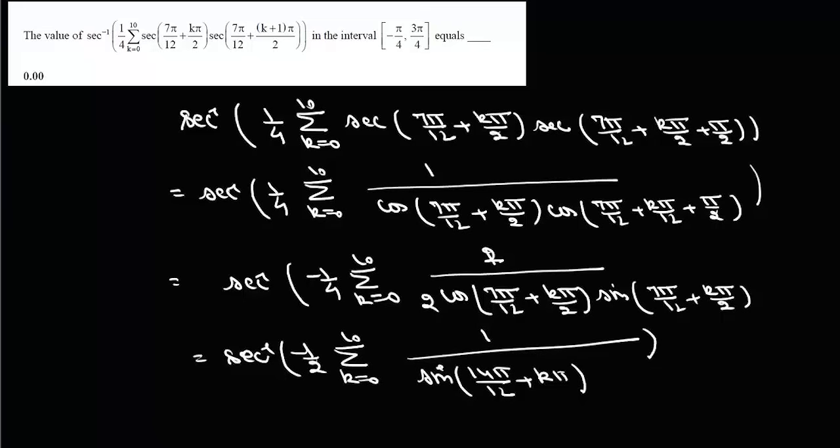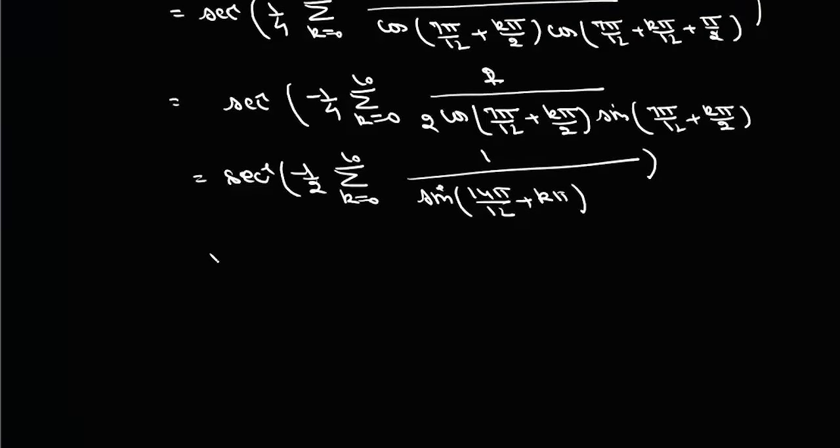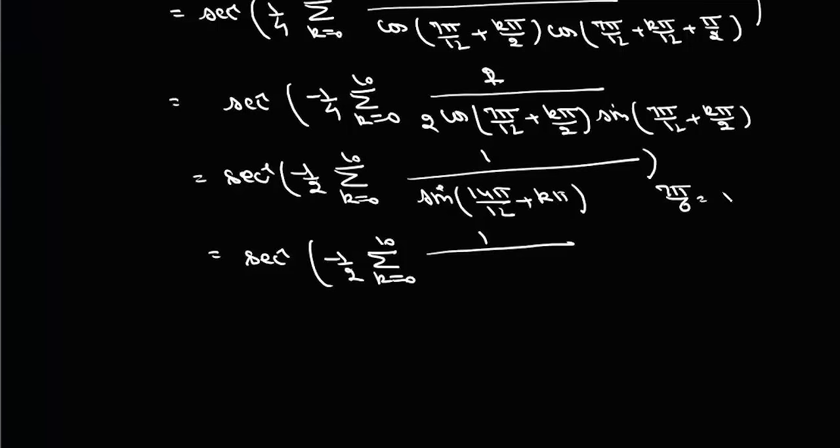Now we can write this as secant inverse minus 1 by 2, and then summation k varies from 0 to 10, and this is 1 upon. Now this is 7 pi by 6 plus k pi. So we can write this as 7 pi by 6 equals pi plus pi by 6.